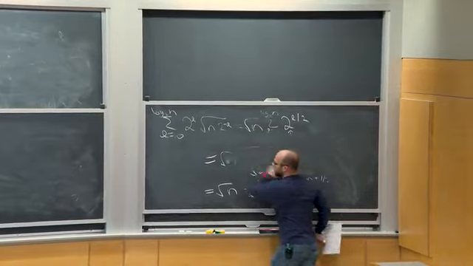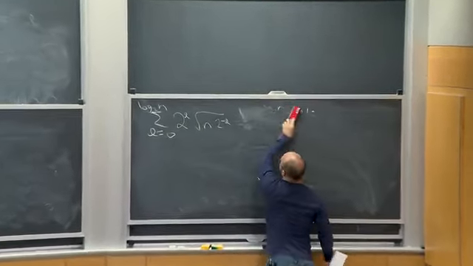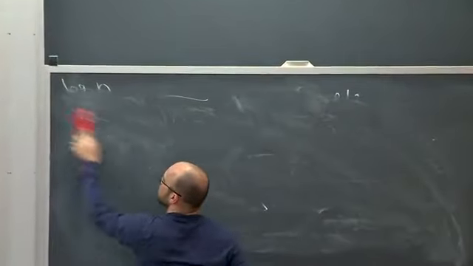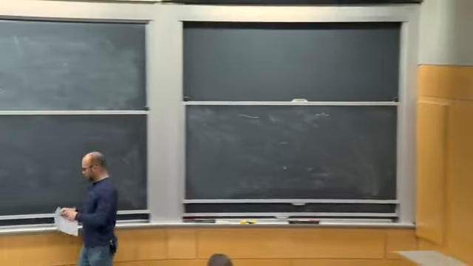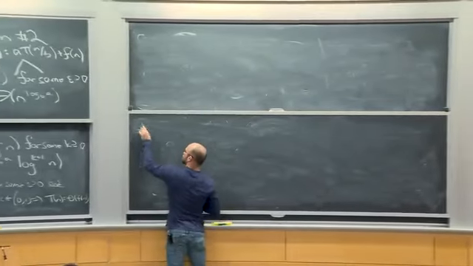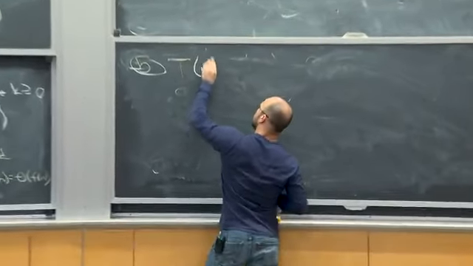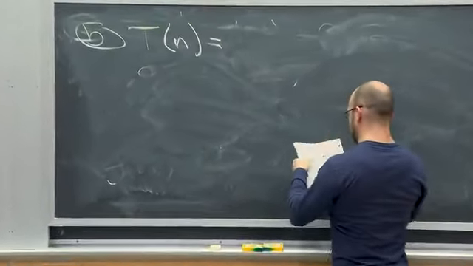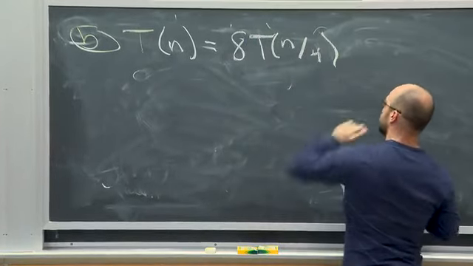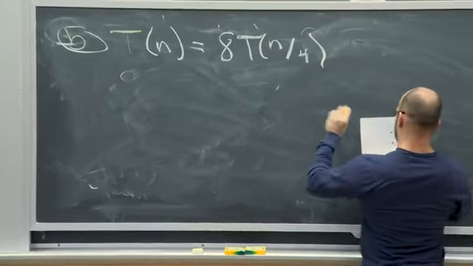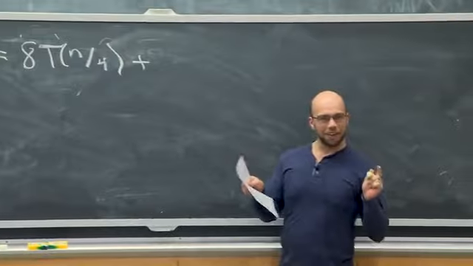So in part B, we have a version where the branching factor and the amount that the work reduces are not the same. So now we have to be a little bit more careful in the way that we apply Master theorem, right? So now in part B, we have that T of n is equal to 8T of n over 4 plus, and now in the problem they write big O of n times the square root of n.